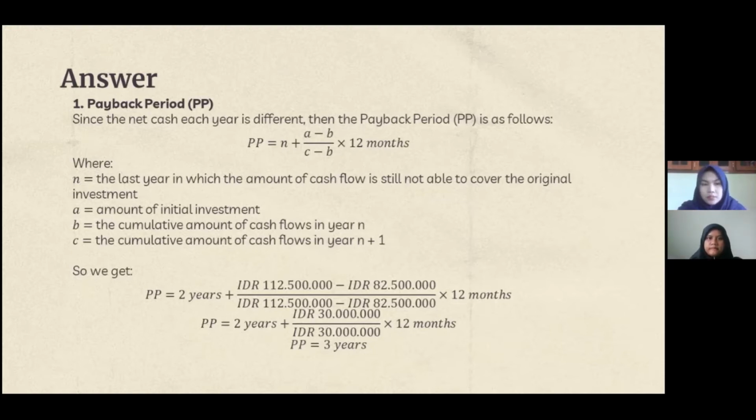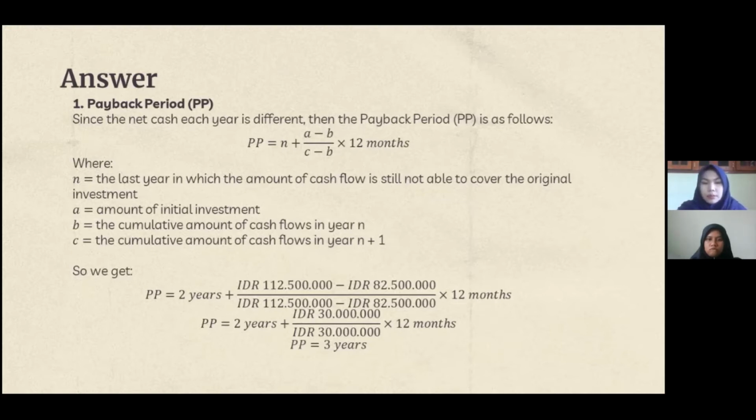So the PP is 2 years plus 112,500,000 rupiah minus 82,500,000 rupiah over 112,500,000 rupiah minus 82,500,000 rupiah times 12 months.